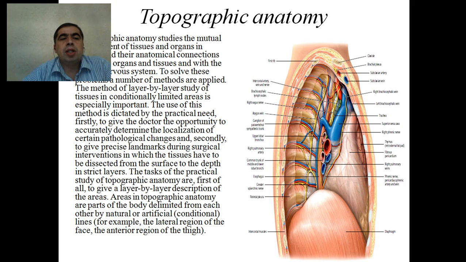First of all, the method of layer by layer study of tissues. This method of layer by layer study of tissues in conditionally limited areas is especially important. The use of this method is dictated, of course, by practical need.